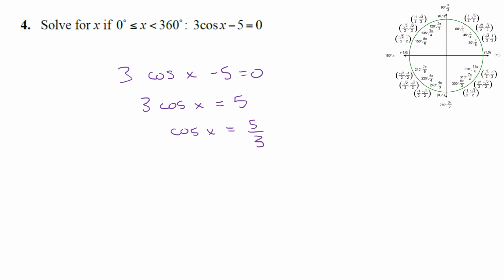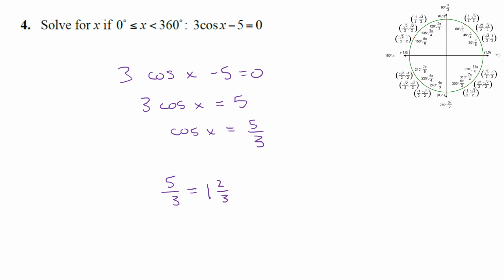Okay, so we need to find the angle measure whose cosine value is 5 over 3. But wait, 5 over 3 is 1 2/3. And all of the values on the unit circle are between 0 and 1.